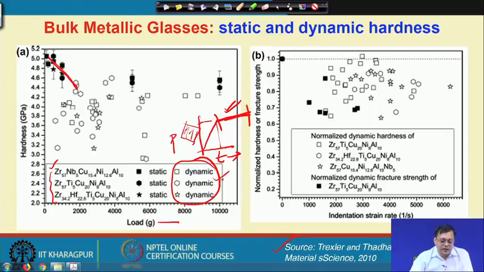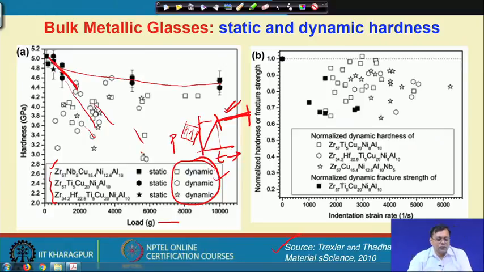So, the static hardness for a given alloy system decreases slightly, and the dynamic hardness also decreases.